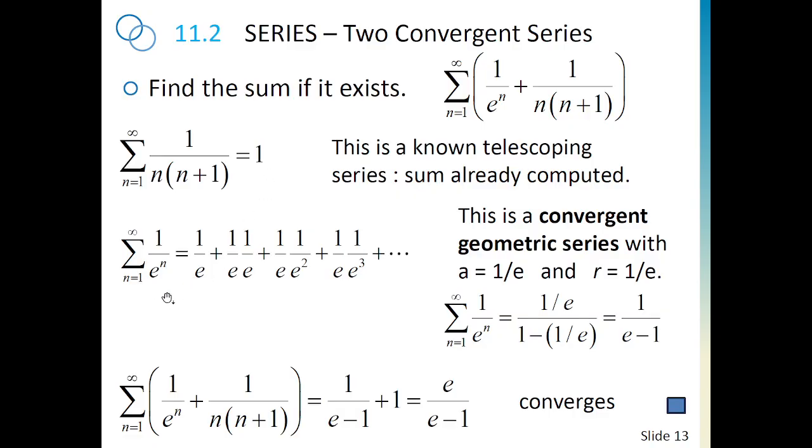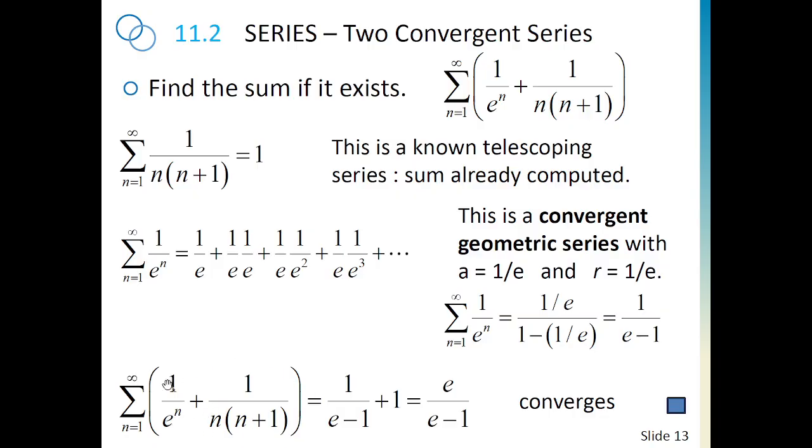And then for the geometric series, if we write out a couple of terms, we see that the first term A is 1 over e, and the common ratio is 1 over e also. 1 over e is smaller than 1, so this is a convergent geometric series. Now we have a formula to compute the sum of this geometric series. We use it. So we have the sum of the telescoping series equal to 1, and the sum of the geometric series, here, 1 over e minus 1.